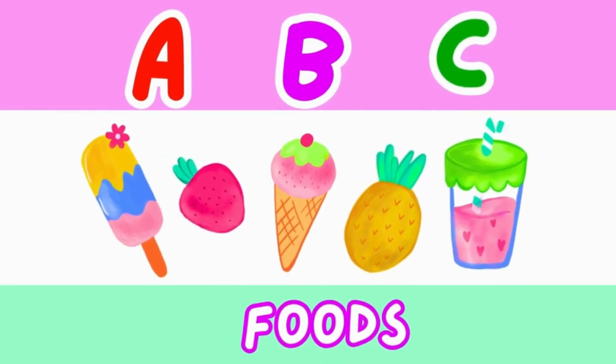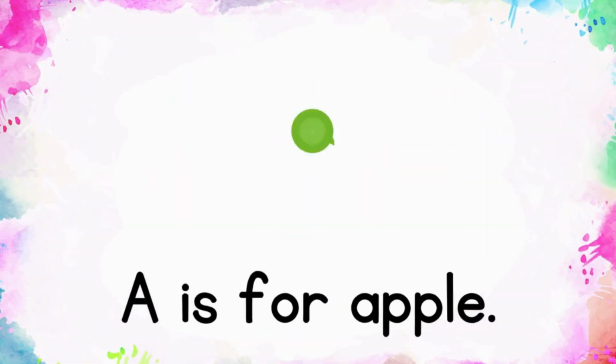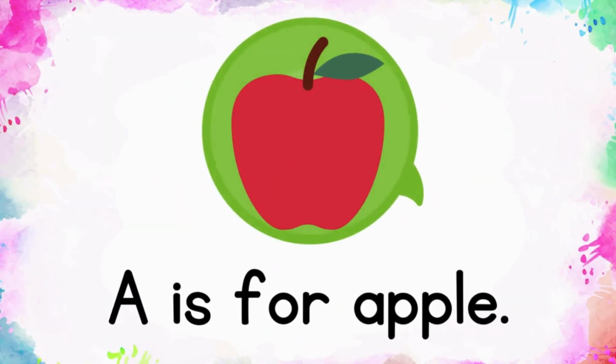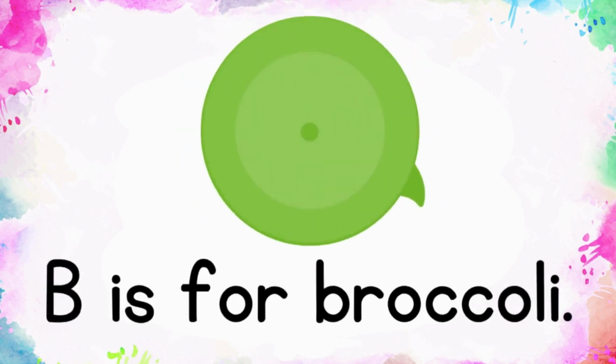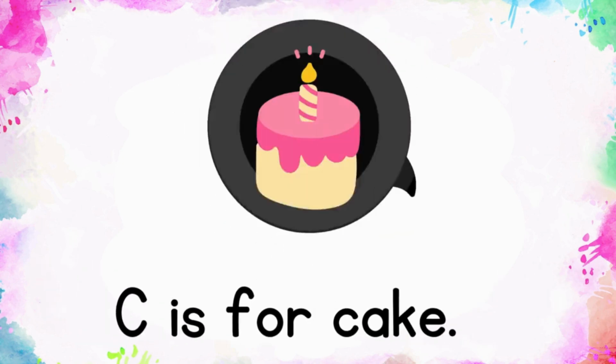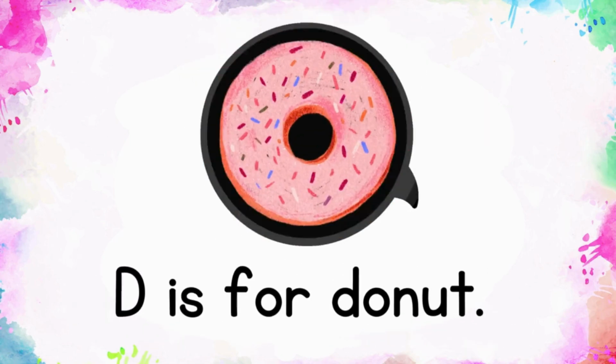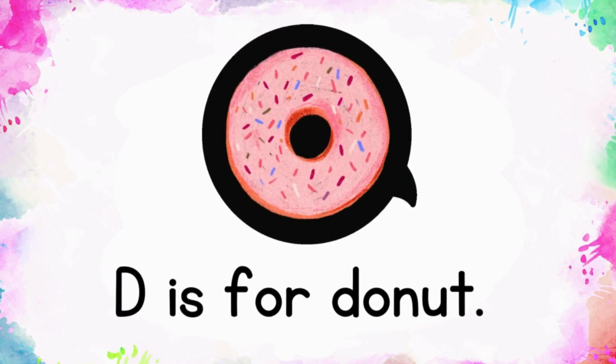With ABC. A is for apple. B is for broccoli. C is for cake. D is for donut.